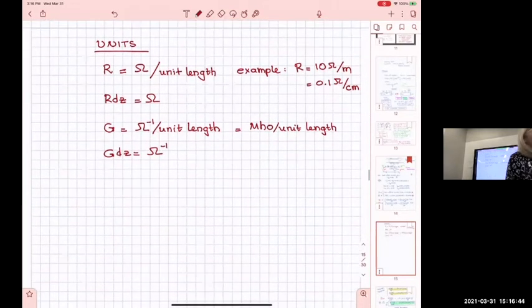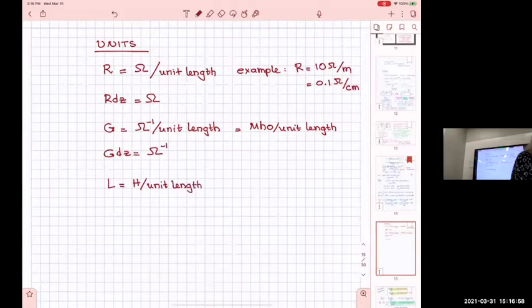Now, question. L is what? Obviously, Henrys per unit length. Now I have a question for you. What is omega L? What are the units for omega L?